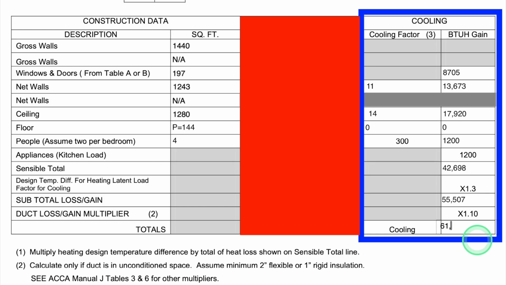We could round it to 58. 58 BTUs an hour. So this is our total heat gain that we are gaining in the summertime. So we need an air conditioner that can remove roughly 60,000 BTUs an hour. That would be a 5-ton. But this is how you calculate or work the cooling section to figure out your total heating gain for cooling.